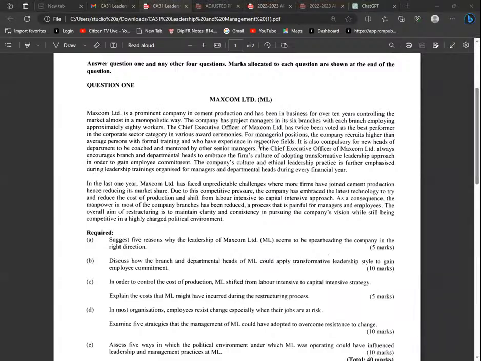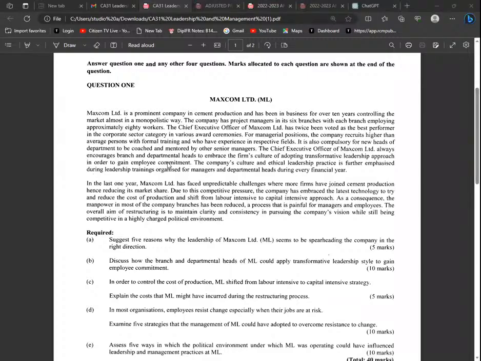Ladies and gentlemen, we are told also here that the CEO of Maxcom Limited always encourages branch and departmental heads to embrace the firm's culture of adopting a transformative leadership approach in order to gain employee commitment.